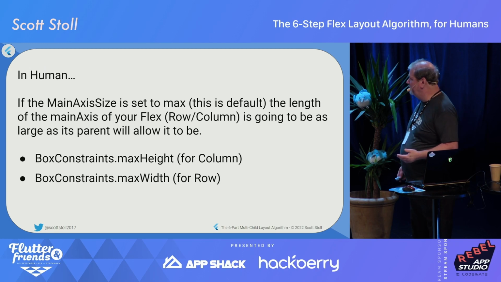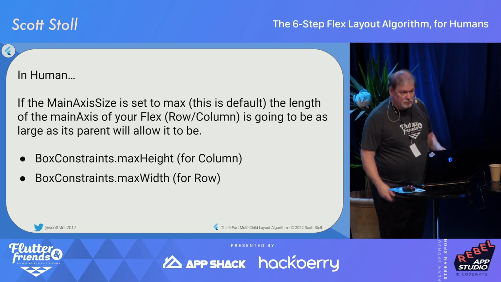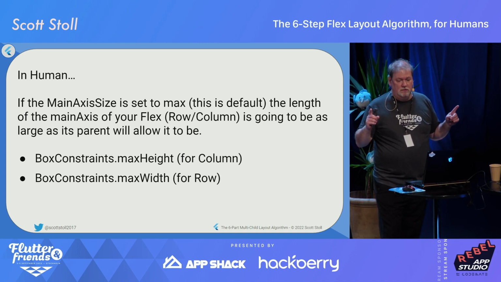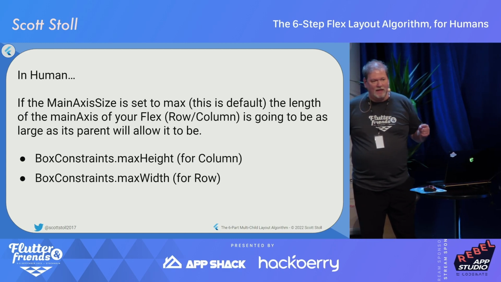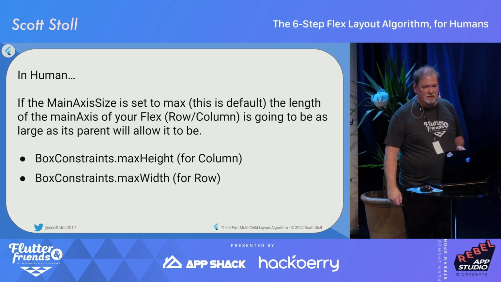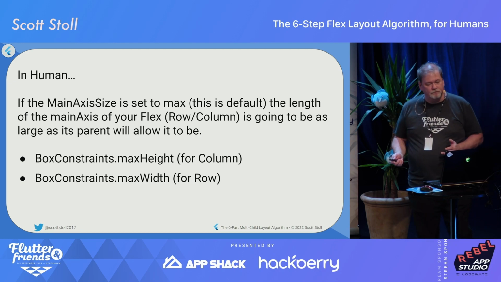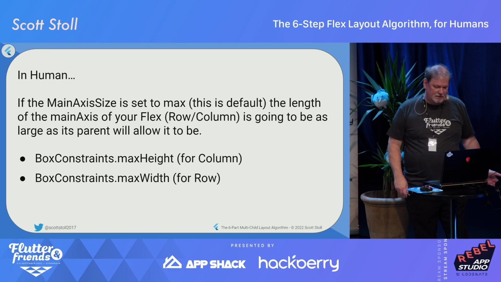So to translate that a bit more into human, if it's set to max, which is the default, the length of the main axis of your flex is going to be as big as the parent is going to allow. Why didn't I just say that? For box constraints max height for a column, and for box constraints max width for a row.